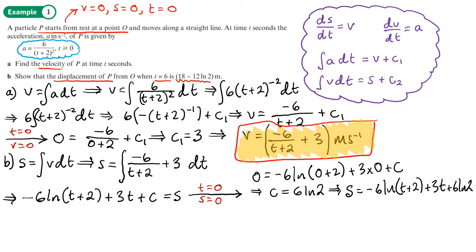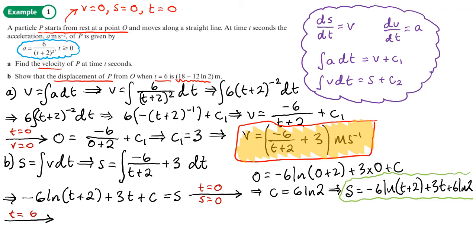Now there's no point trying to simplify that, because I'm now going to substitute in t equals 6. So let's put t equals 6 here.